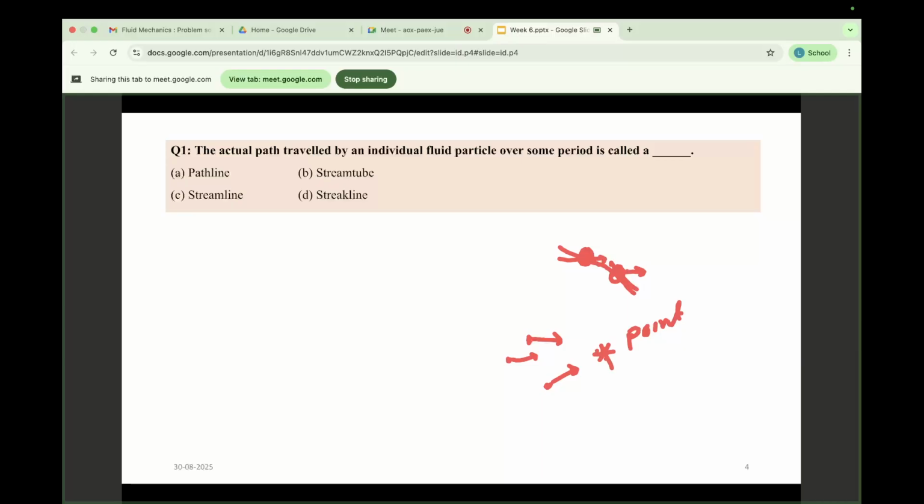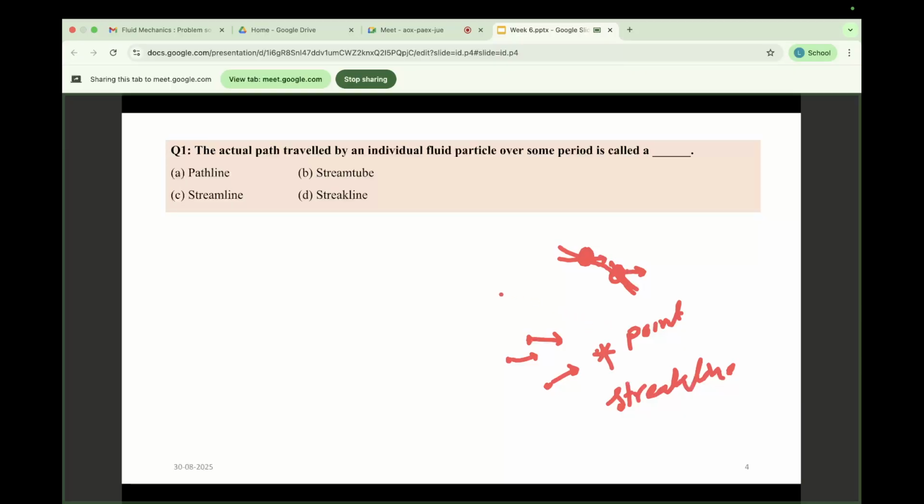If I track the locus of all these particles which pass through this given point, then this is known as the streak line. So a streak line is the locus of all the particles that pass through a fixed point. And the remaining one is the stream tube, which is basically a bundle of streamlines.